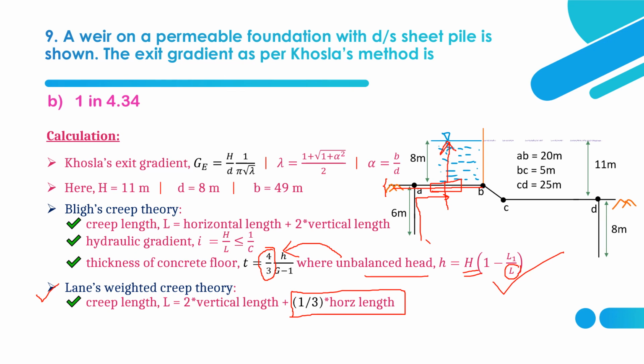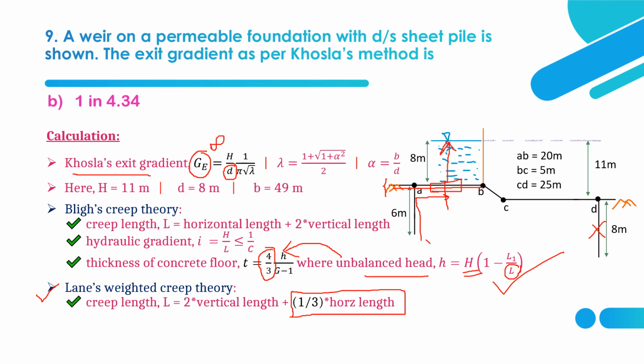Apart from this, in case of Khosla's exit gradient, we are using the D value, that is the depth of the downstream pile. So what if there is no pile on the downstream side? If the pile is absent, the exit gradient will become infinity.